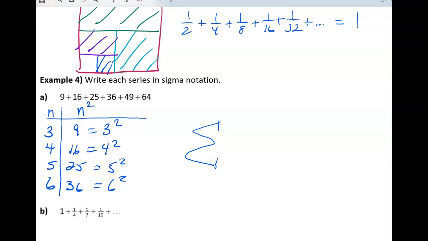If we write it in sigma notation, this is the sum as n goes from 1 to, and it looks like there are, actually we're not starting at 1, right? We're starting at 3, because 3 squared is 9. And where do we end? We end at 64, which is 8 squared. So it looks like the sum as n goes from 3 to 8 of n squared.